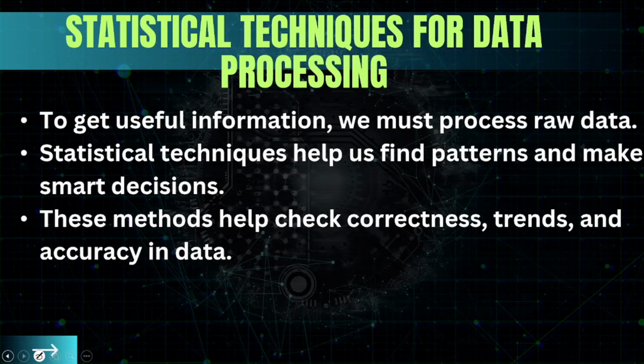They use statistical techniques to interpret the raw data, so that it helps them identify patterns and make smart decisions. So that is very important. After processing the data, you have to do the interpretation for finding patterns and making smart decisions. This method helps check the correctness, the recent trend, and the accuracy in the data.